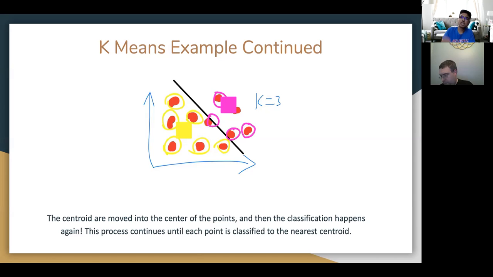We evaluate the nearest data points, and the algorithm clusters our points again until each of these data points is classified to the nearest shape, aka the nearest centroid. So this algorithm will keep on running until all of the nearest points to the yellow square are classified as yellow, and the same thing applies for the pink square and the pink data points as well.